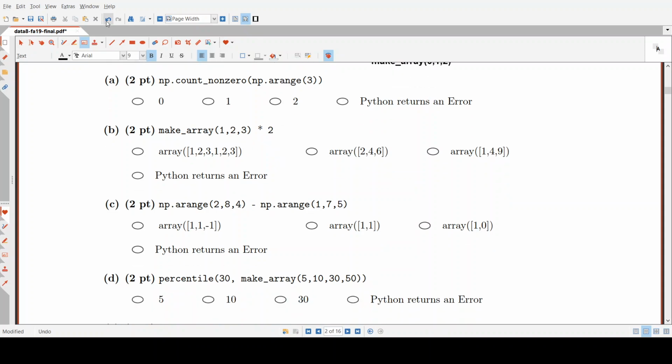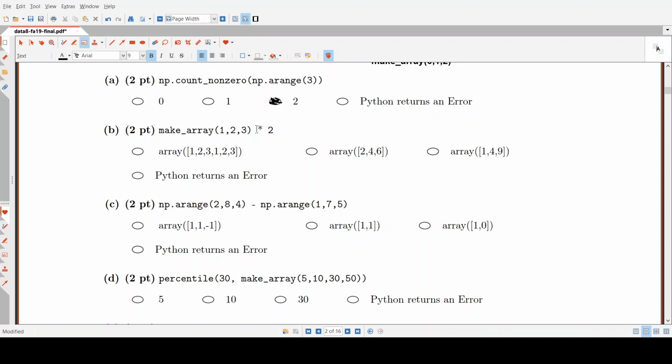For part B, actually let's draw this answer real quick. Okay. Part B is make_array of 1, 2, and 3 multiplied by 2. The nice thing about NumPy arrays is that we can do element-wise operations on them.